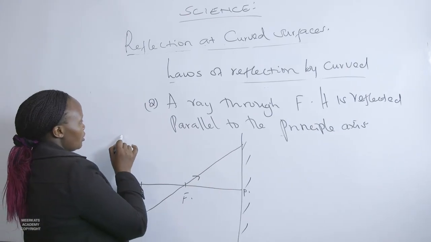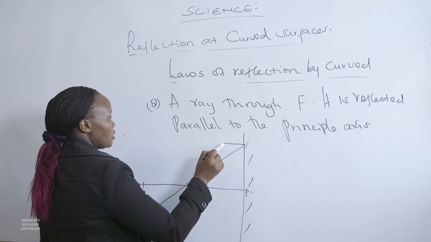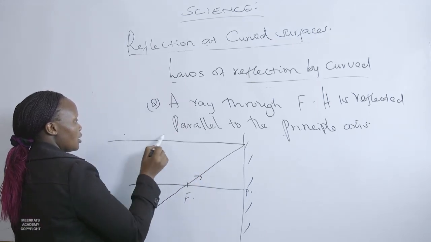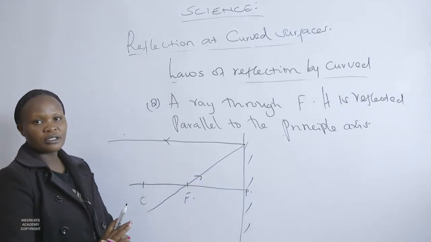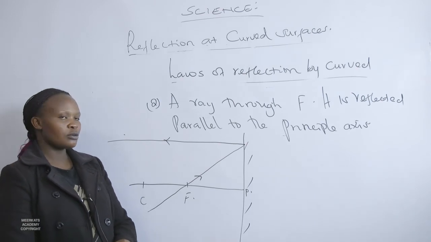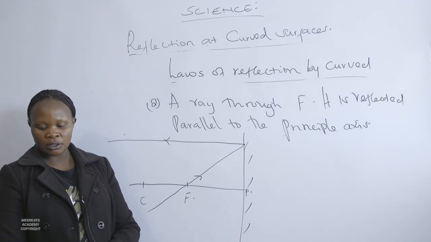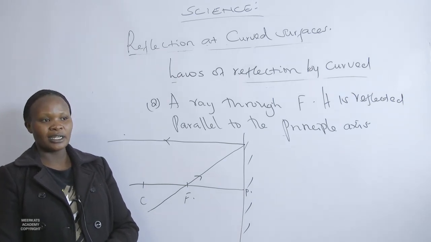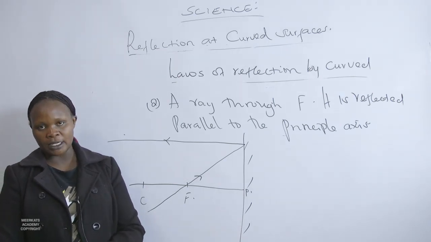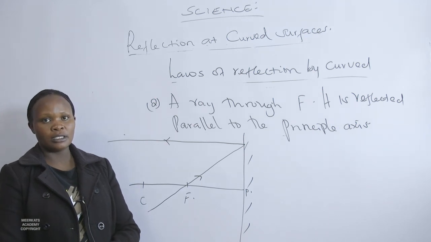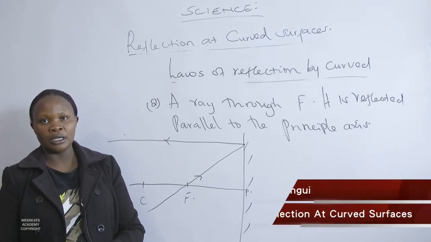It is going to be reflected in such a way that it is going to be parallel to the principal axis. Those are the first two laws. In our next lesson, we shall look at the next two and probably find out how they are applied in image formation. Thank you.